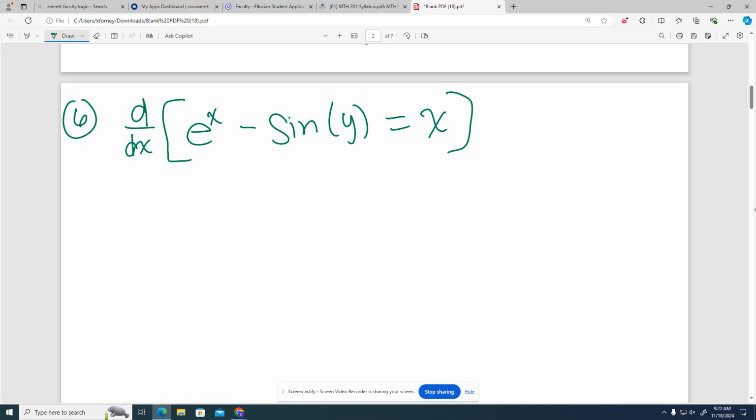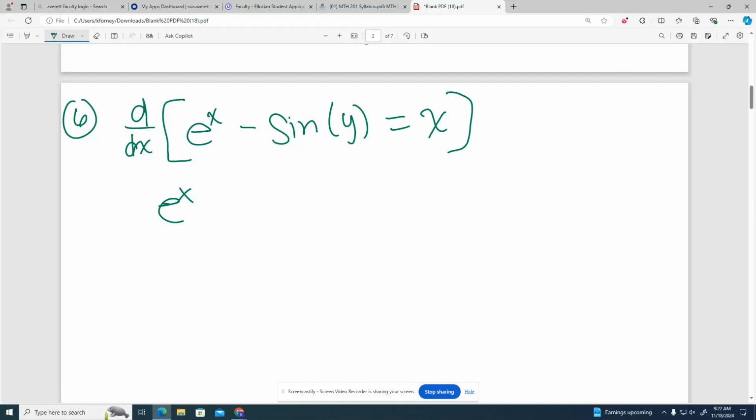All right, so the derivative of the exponential is itself. e of x is just e to the x.